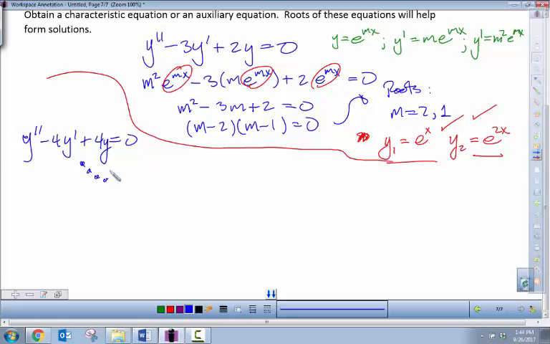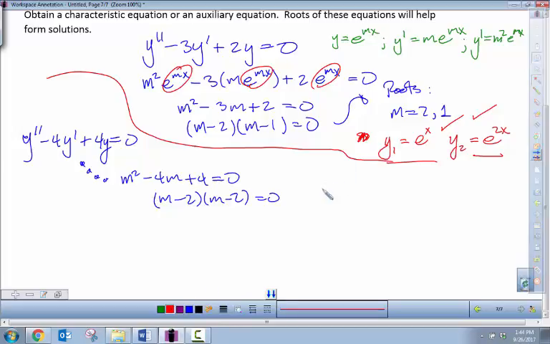Can you jump to the auxiliary equation already? m squared minus 4m plus 4, right? So m minus 2. Oh, this is m minus 2 squared. It's a repeating root. So what do we get?